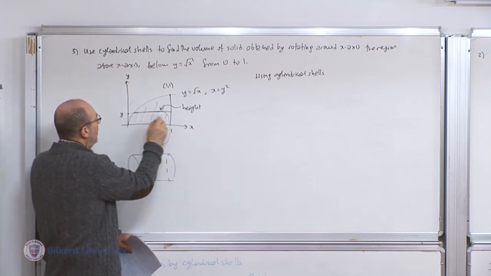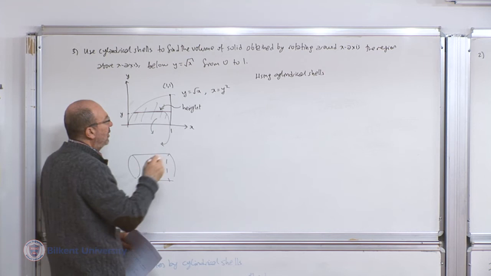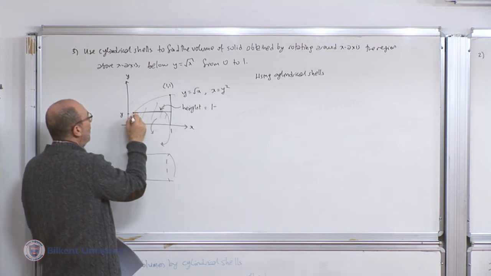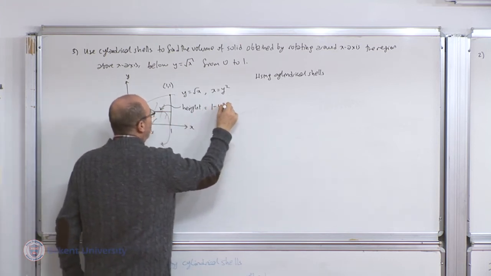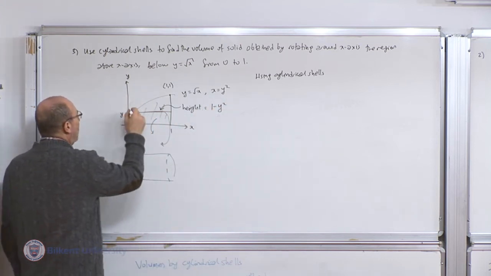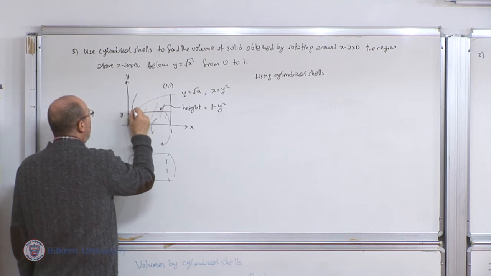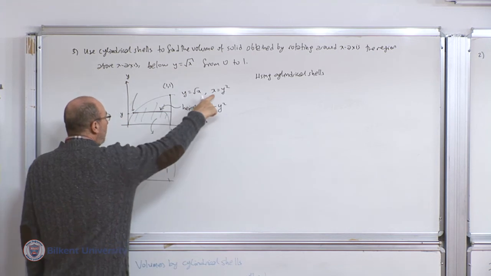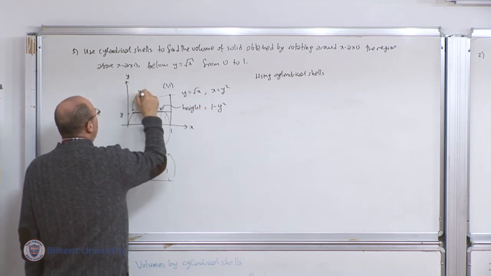Given y, what is this height? 1 minus y squared. What is this point? Y squared. So given a typical point here, the coordinates are x is y squared and y is y.